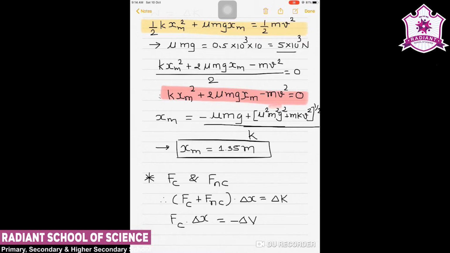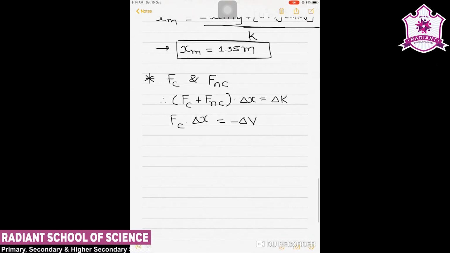Then simplifying, delta of (kinetic energy plus potential energy) equals the non-conservative force into delta x. Ultimately, this is the change in mechanical energy, equal to the non-conservative force into delta x, where E is the total mechanical energy over the path.